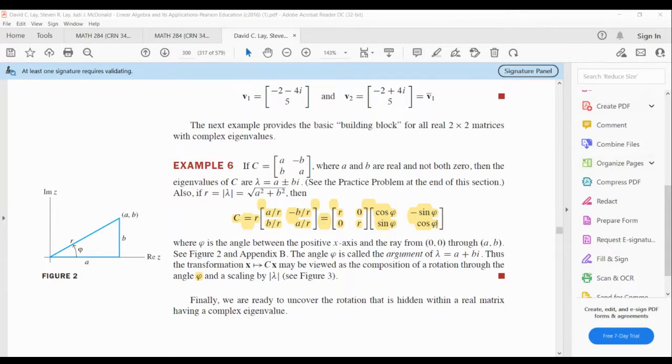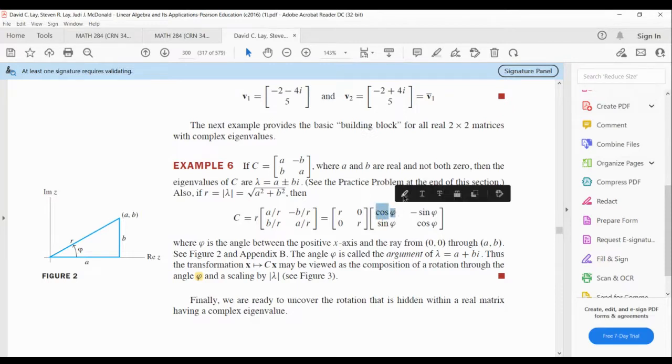Now, for instance, you might be wondering, how is the cosine of phi equal to a over r? So let's focus here.